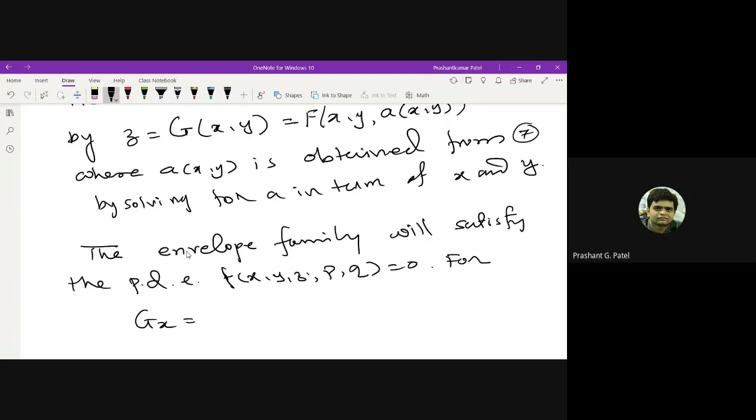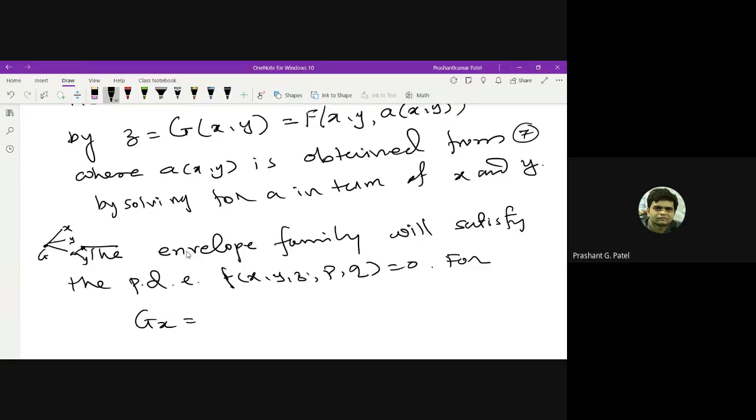For g_x, what is g_x? That is the derivative of this with respect to x. But g is a function of x, y, and a. So g is a function of three parameters, x, y, and a, and a is a function of two variables, x and y.